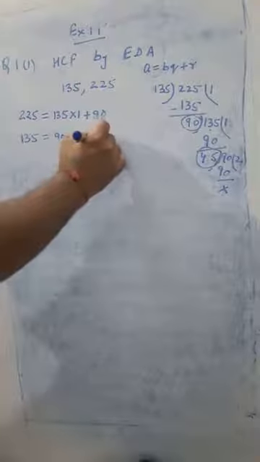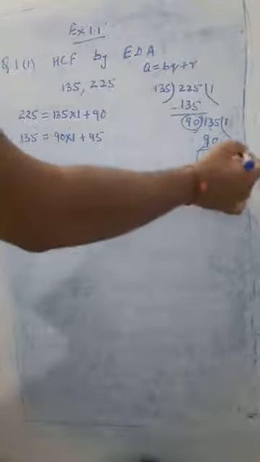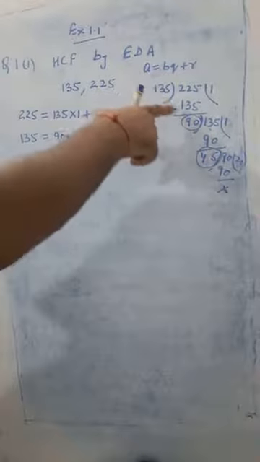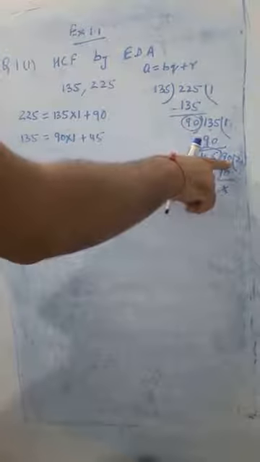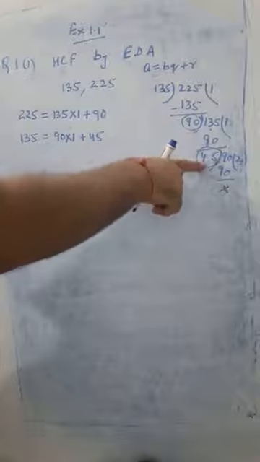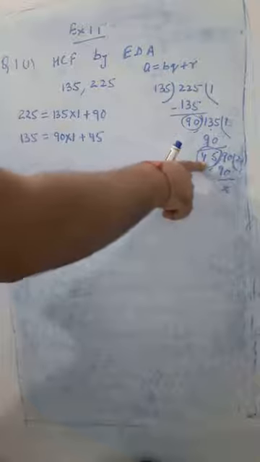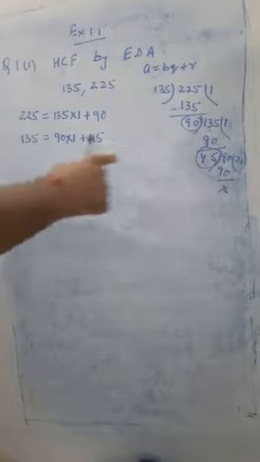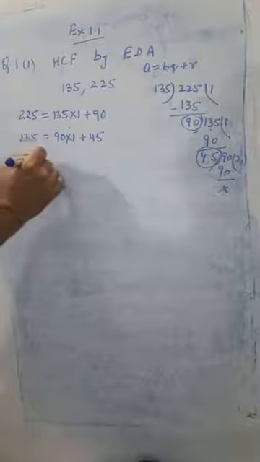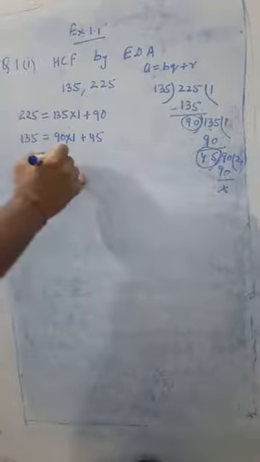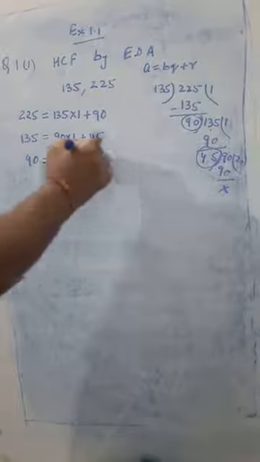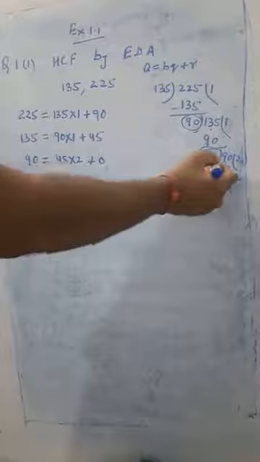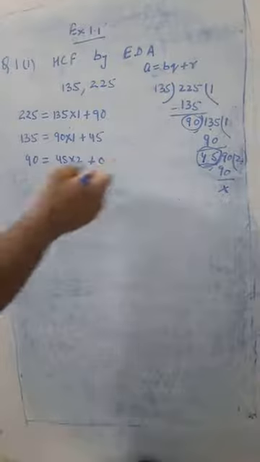Again in the third part, here the second divisor becomes the third dividend and the second remainder becomes the third divisor. So 90, we can write 90 as 45 into 2 plus remainder is 0. So the last divisor is 45. It means this is the HCF.